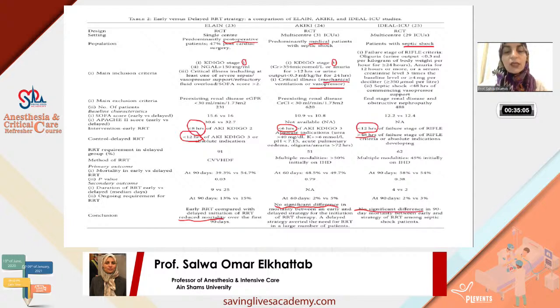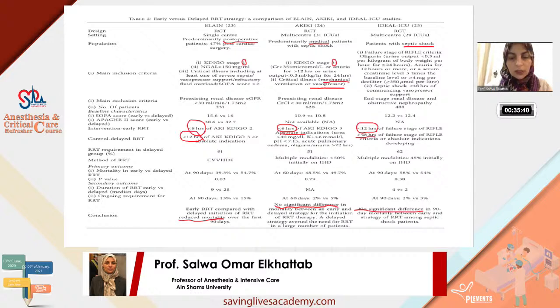The other considered early as 6 hours, and late if there was an urgent indication to start RRT. The last study, IDEAL-ICU, used less than 12 hours as early start and more than 48 hours as late start. It was conducted in septic patients and was multi-center.